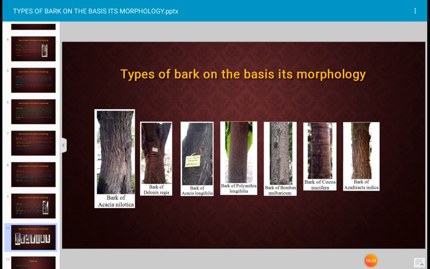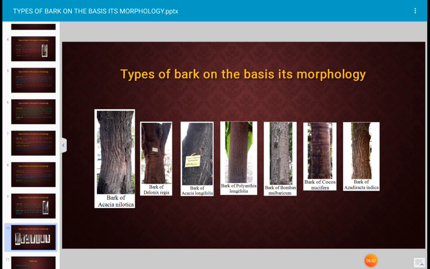Second photograph, bark of Juglans regia. Third photograph, bark of Acacia longifolia. Fourth, bark of Polyalthia longifolia. And fifth photograph, bark of Bombax malabaricum. And next, bark of Cocos nucifera. Last photograph, it is the bark of Azadirachta indica.